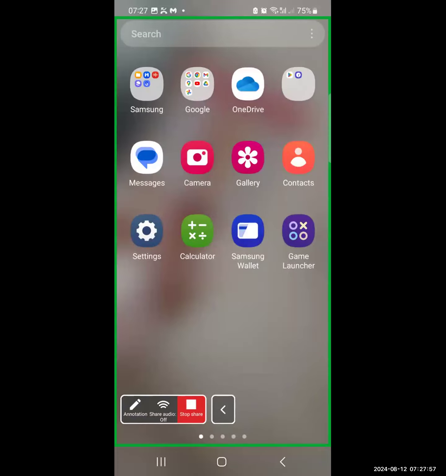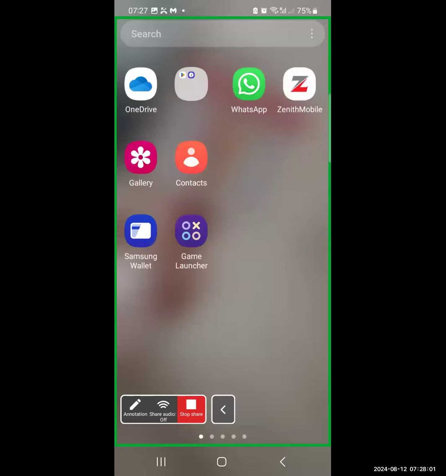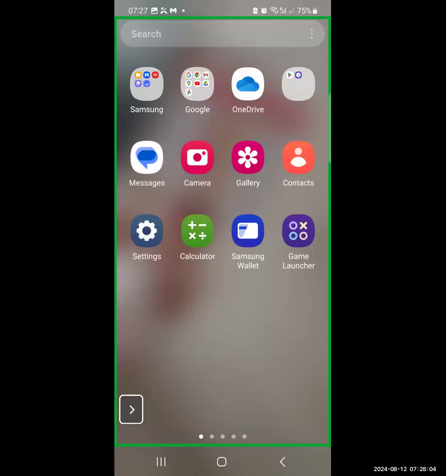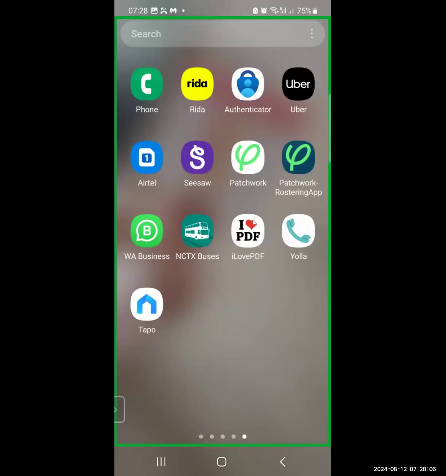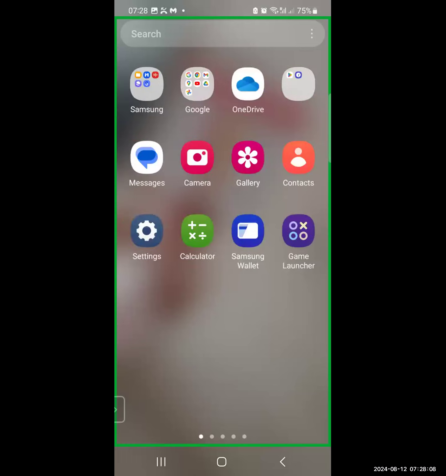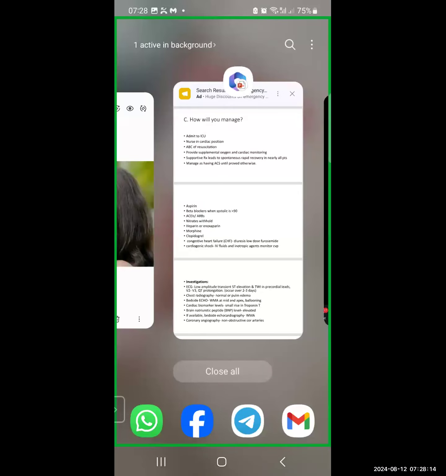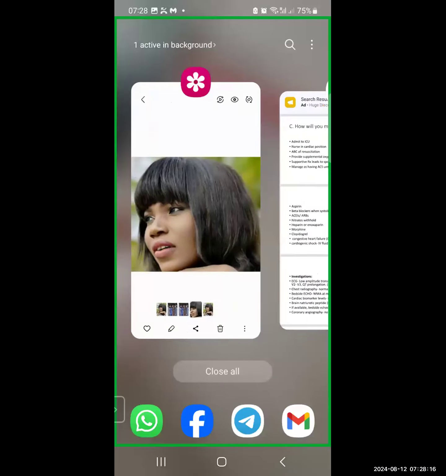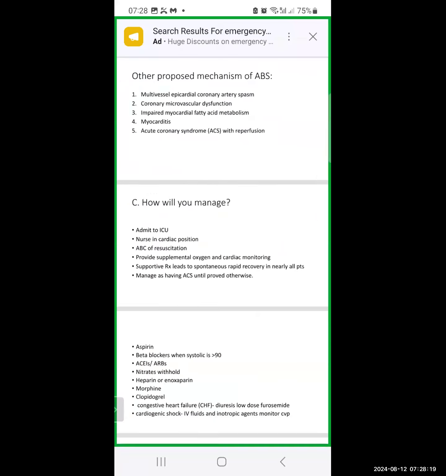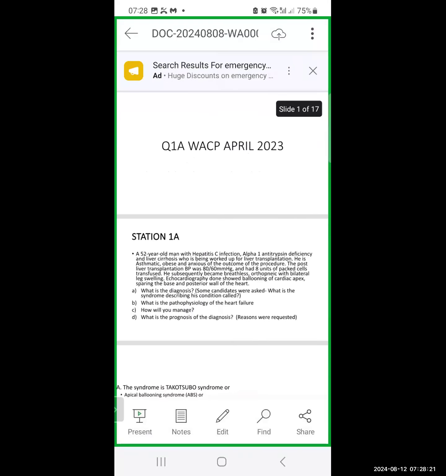Can you see my screen now? I can see it now, but okay, go to the presentation. Can you see my screen now? Yes, I can see it.